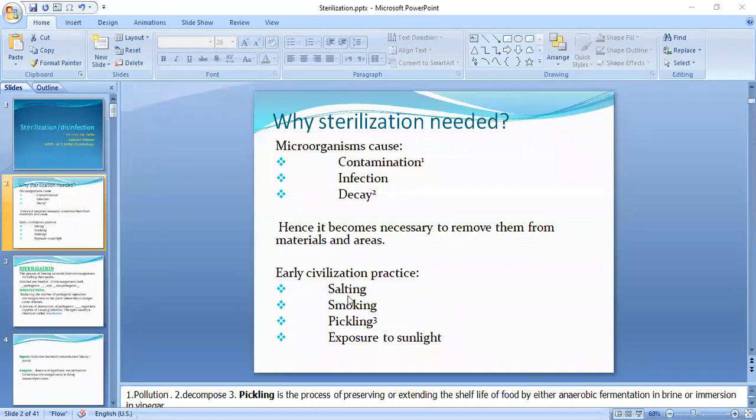And pickling is also one of the procedures used for preserving or extending the shelf life of the food. So these were the older methods used to avert the contamination, infection, or spoilage of foods.